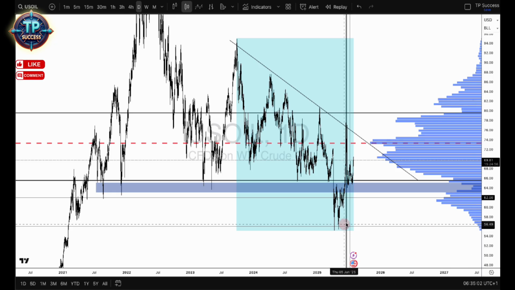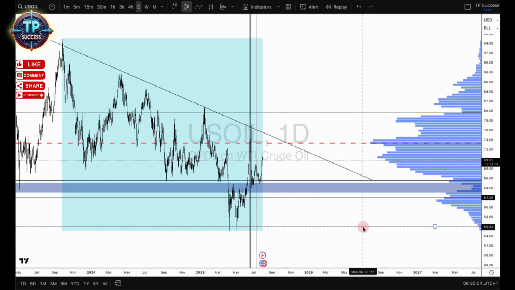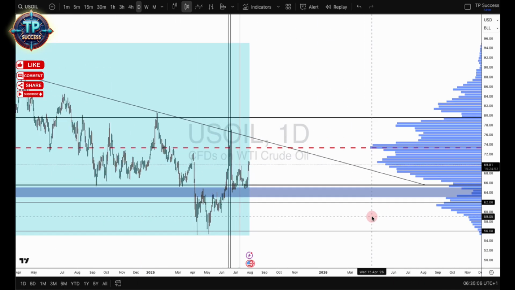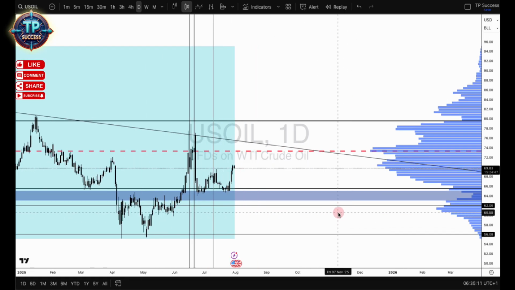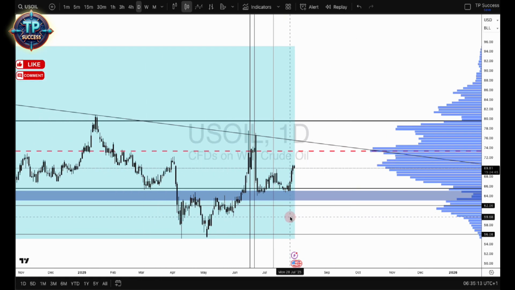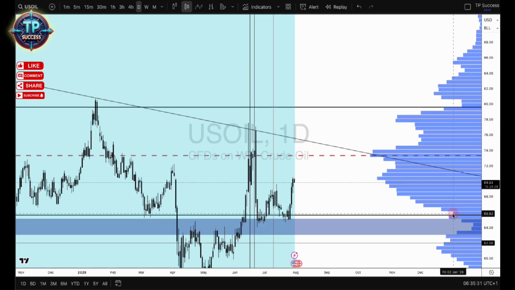So essentially, if we are looking for buys, right, we should have been looking at this from yesterday. No, not yesterday, on Monday. So Monday was our best opportunity to take a buy because we had price at the value, so we had price inside of a low volume node, which is this right here, right?